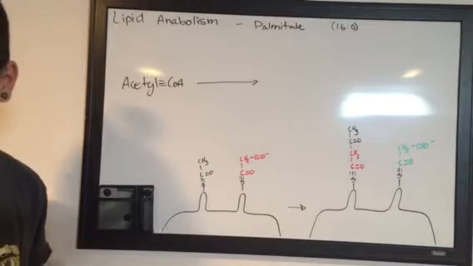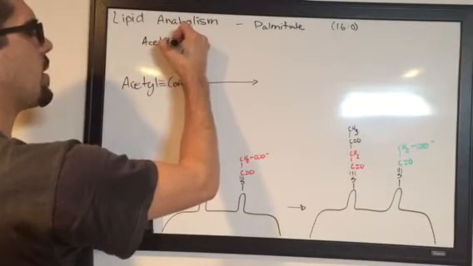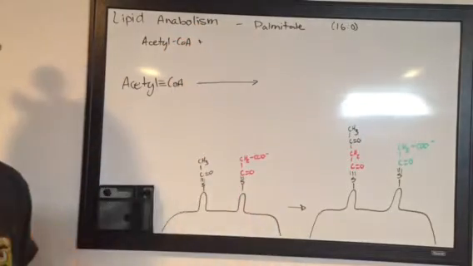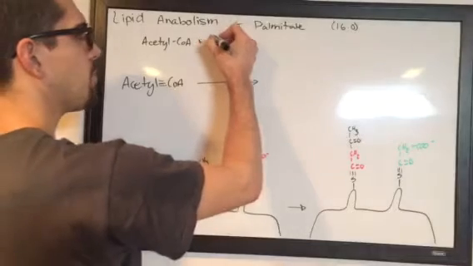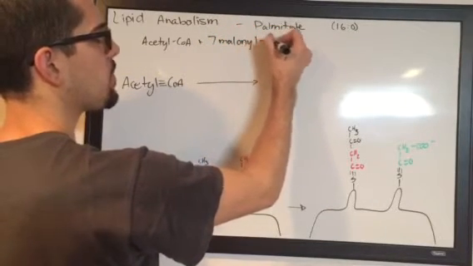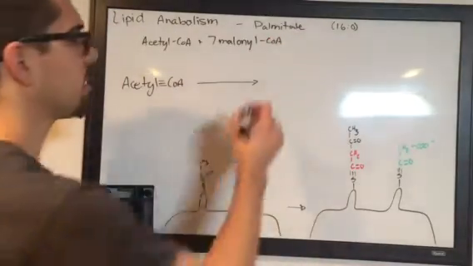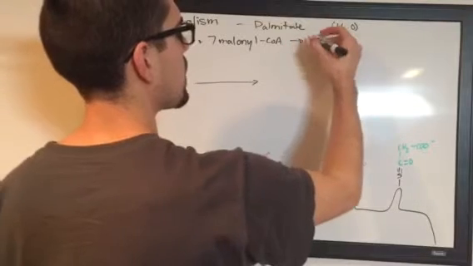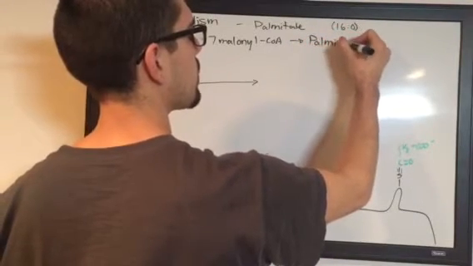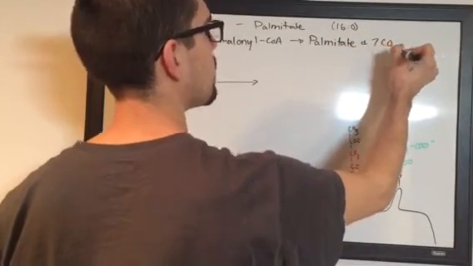Alright, so what's going to happen is we're going to have a certain amount of acetyl-CoA that needs to be transported across the membrane. Some of that's going to be made into malonyl-CoA. Specifically 7 are going to be made into malonyl-CoA. And then those two are going to combine together to form palmitate and 7CO2.